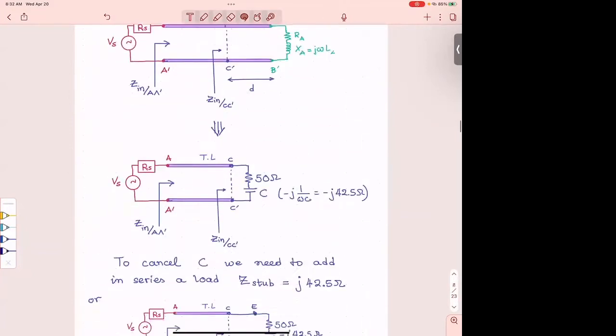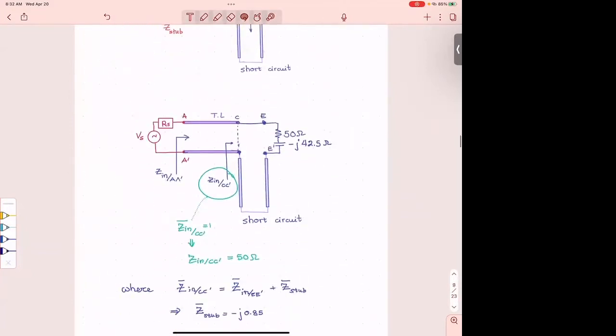Okay, I will show you what it really means at the end, so you remember. A stub is a distributed element. Let's assume that in my design, I cannot use lumped elements. So now I go one step higher and say the only thing I can do is use sections of line, because I can print them, but I cannot use lumped elements because I have to place them there.